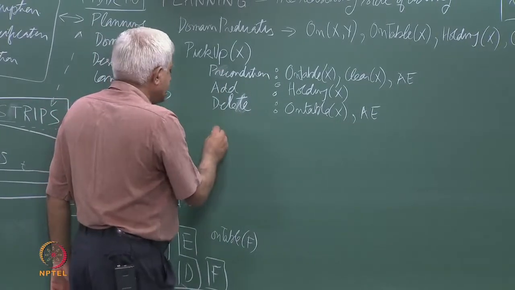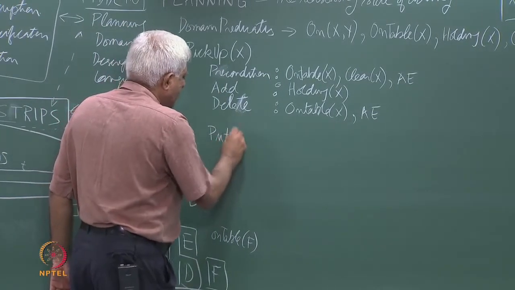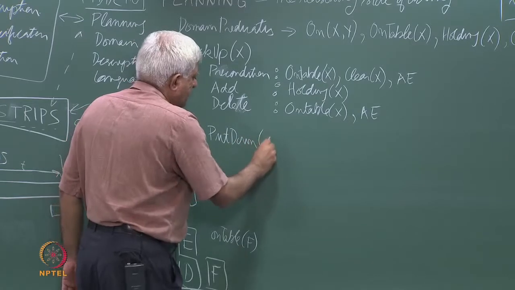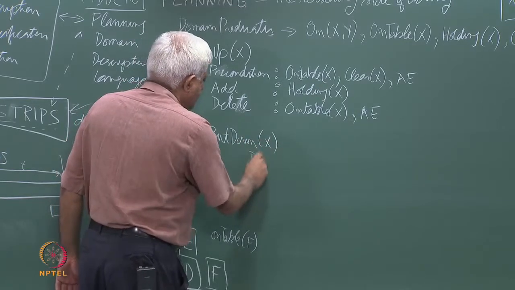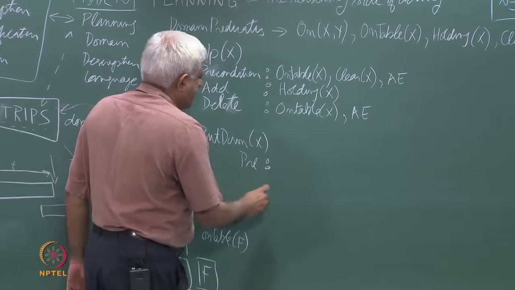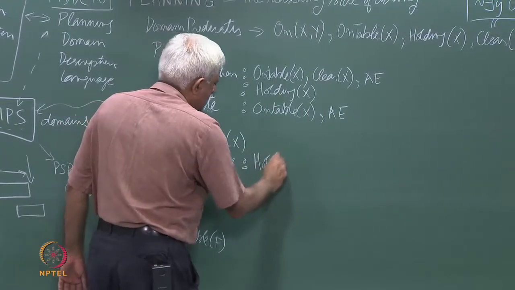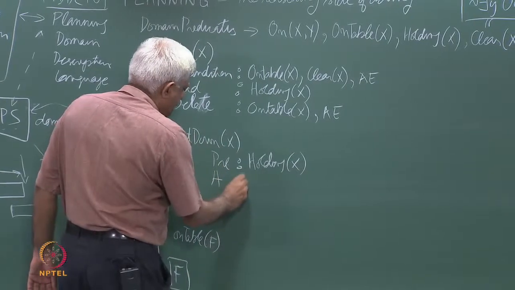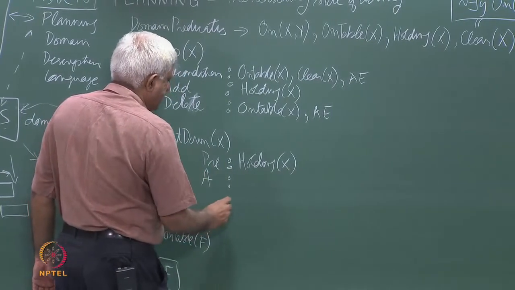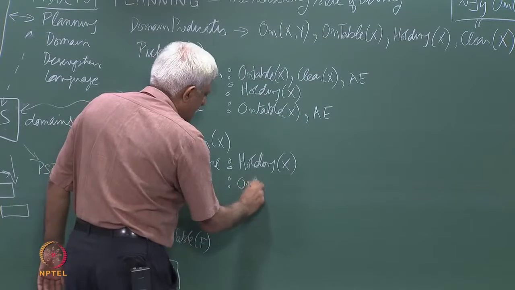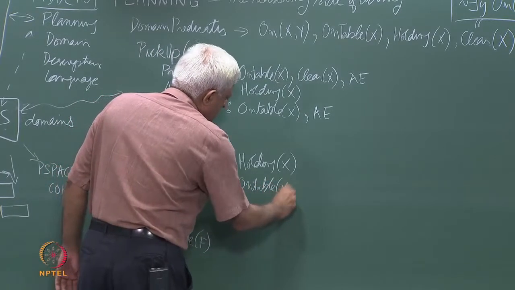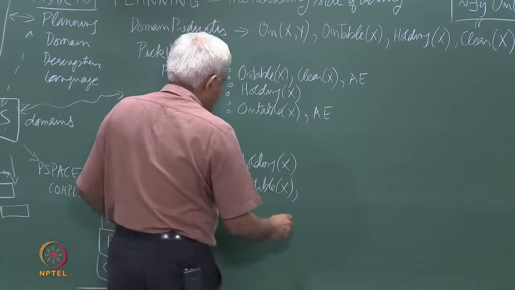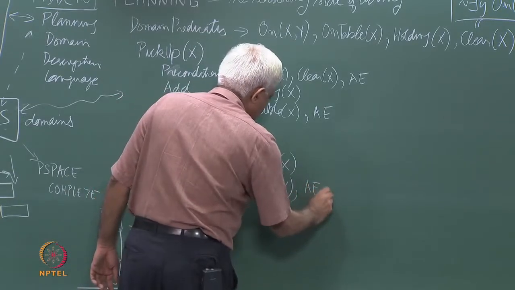So, corresponding to this, I have an action called put down. Whose precondition list says holding X, whose add list contains on table X, arm empty.